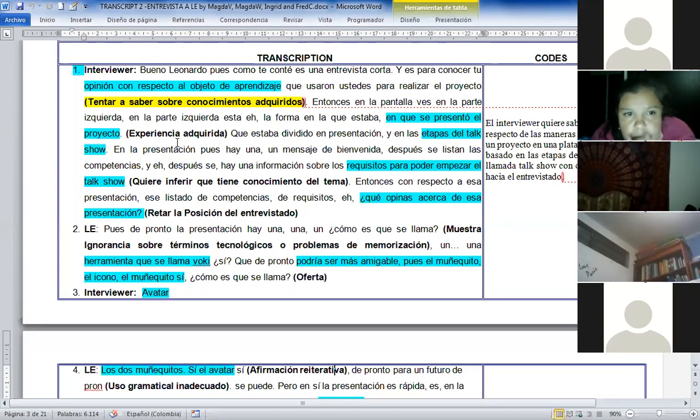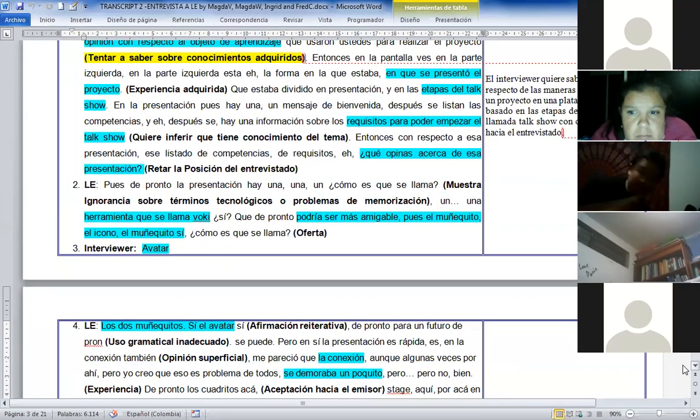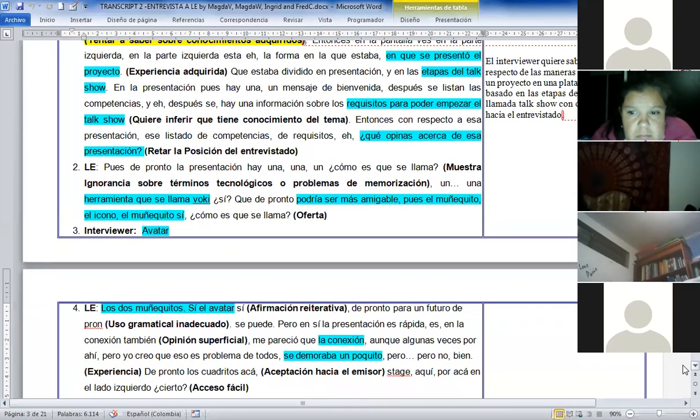To infer knowledge, to affirm something, etc. And on the right, they wrote the codes regarding the evaluation of that student on aspects that have a relationship with the learning object.